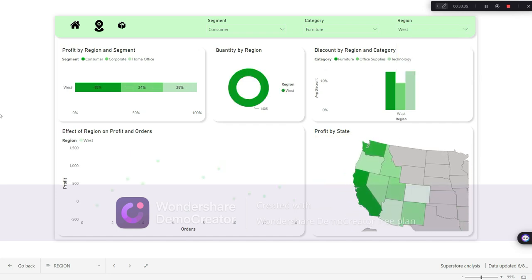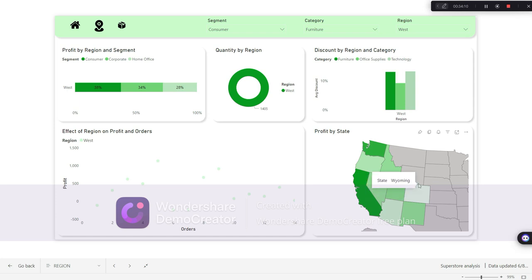In West region, we made overall profit. The consumer segment is 38% contribution, corporate segment is 34, and the home office is about 28. Quantity sold in West region is about 1K, and the average discount for the furniture is 13%, 9% for the office supplies, 13% for the technology.